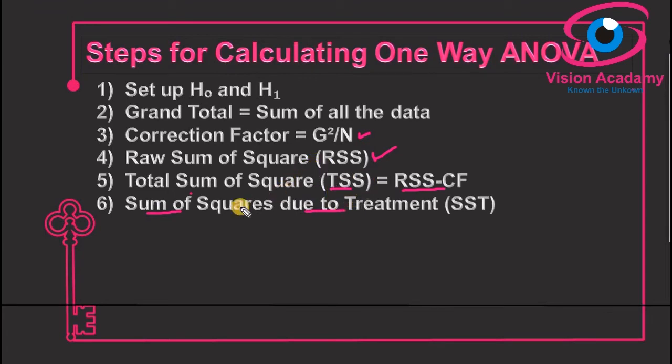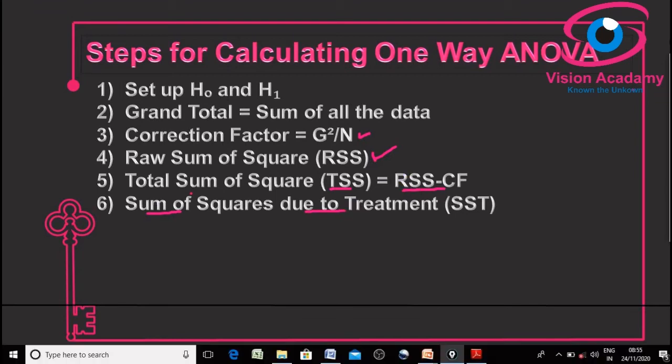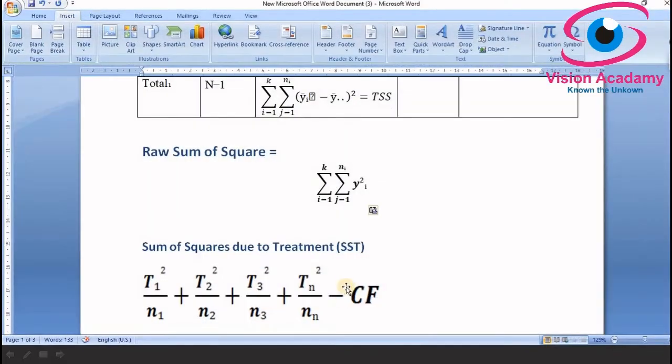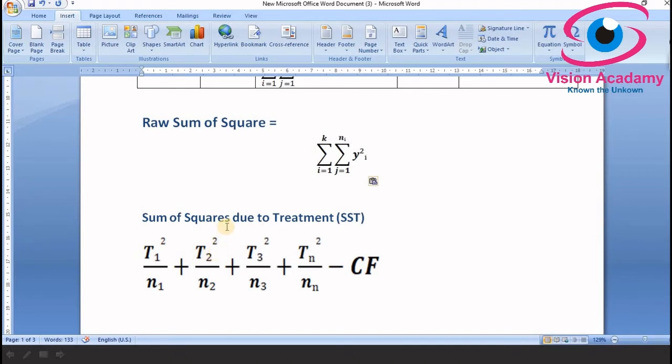In the 6th step, we have to give a treatment. After giving treatment, we need to get that sum of squares, that is sum of squares due to treatment, SST. We have a separate formula for calculating SST. Here you can see the formula.